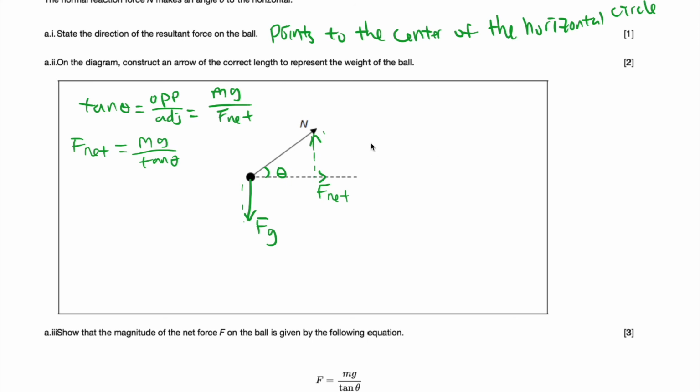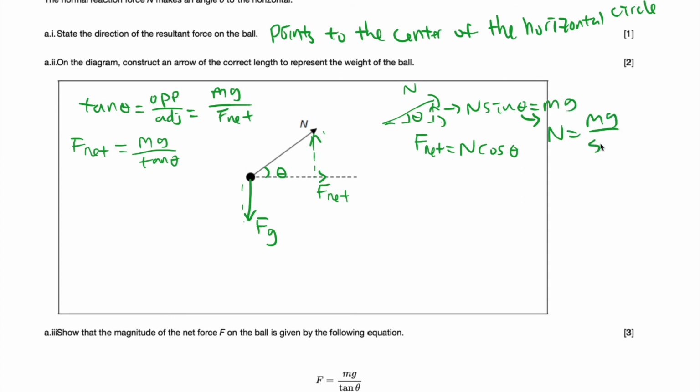So another method you can use to find the formula is this. So this is net force. This is theta. So net force is going to be equal to N cosine theta. And the upward force here is going to be equal to N sine theta, which is equal to gravity. Right. So from this formula, we can say the normal force is equal to mg over sine theta.